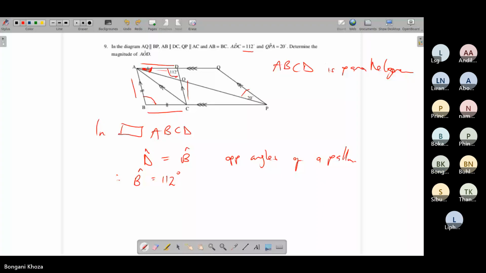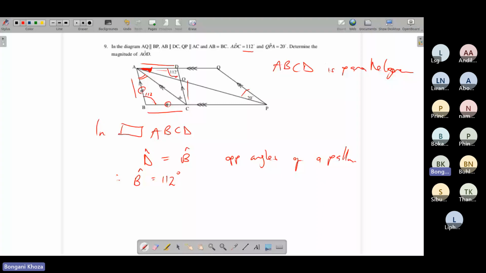Can you see that? Yes, I'm trying to find a way whereby I can calculate that small angle over there. Right now, we have this one as 112. Since these two sides are equal, that angle over there and that angle over there are equal.